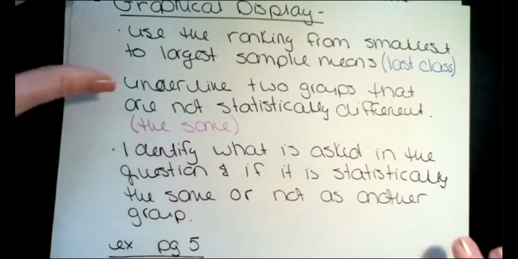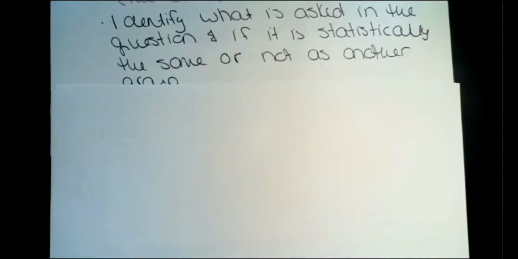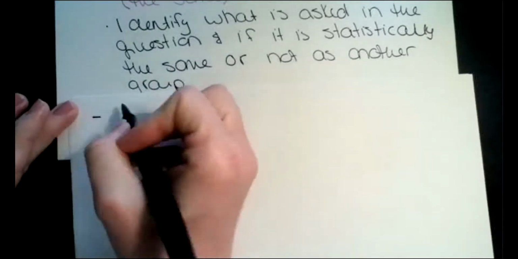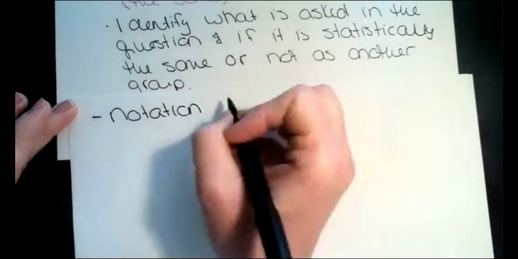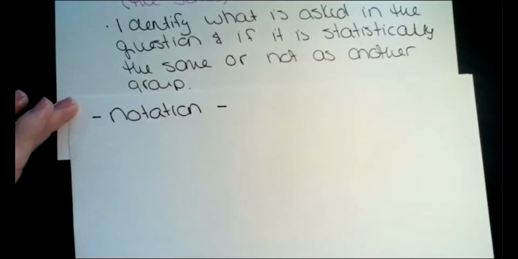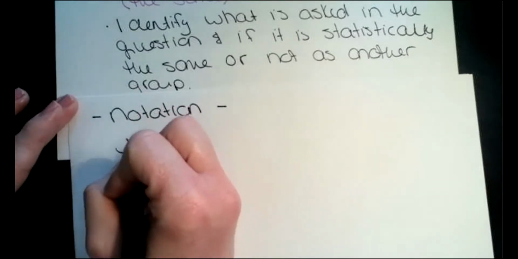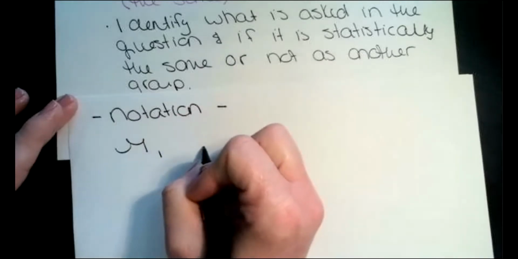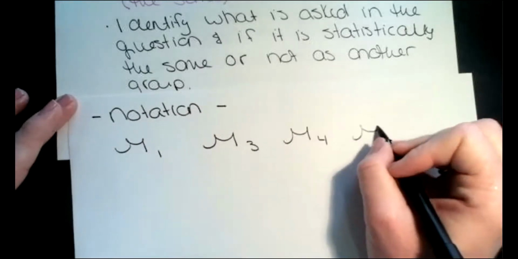I'm going to show you and look at that underlining real quick with you. Just for a notation example, if we're taking a look at the means, we have mean 1, and then mean 3, mean 4, and mean 2.